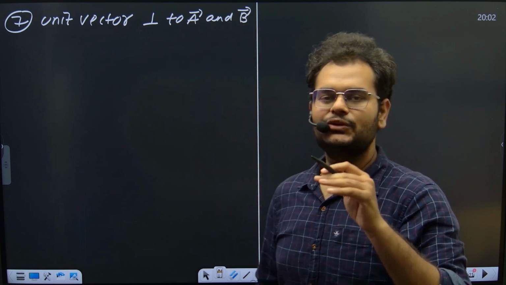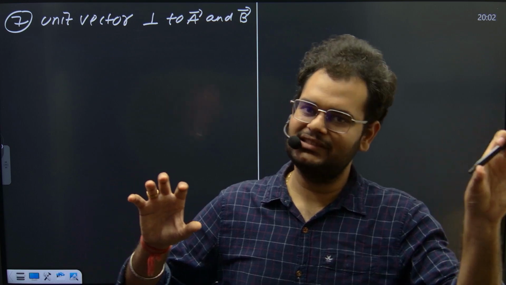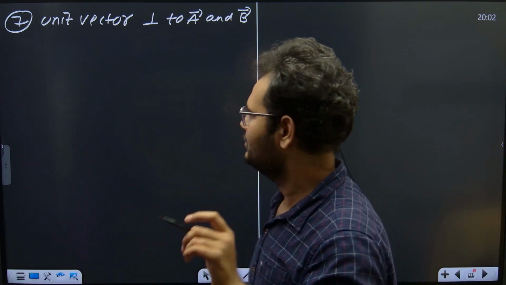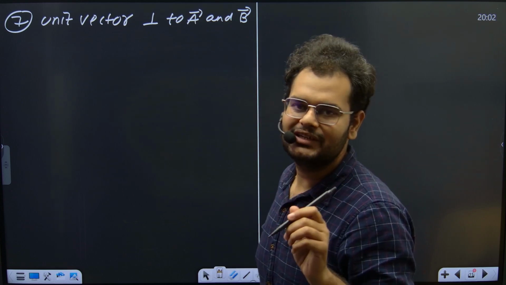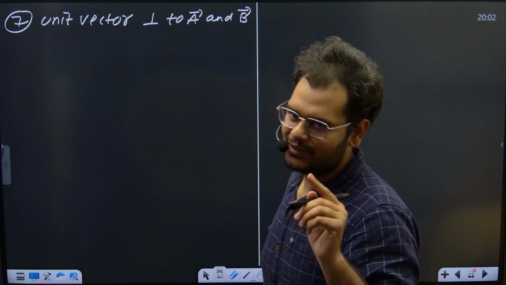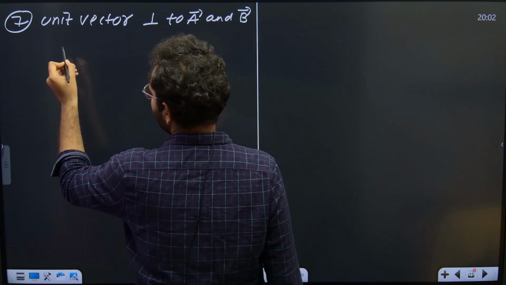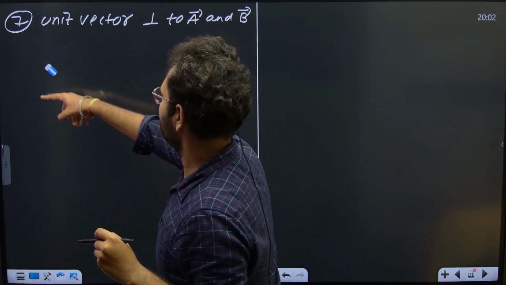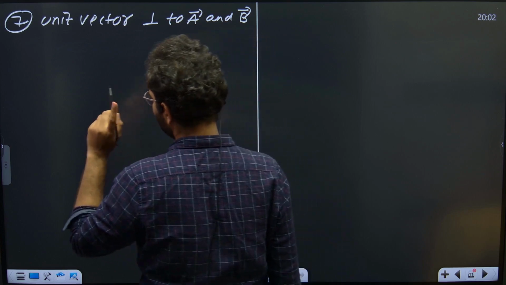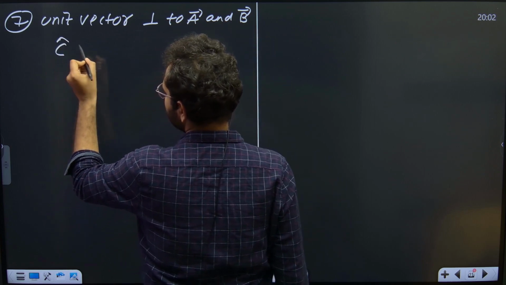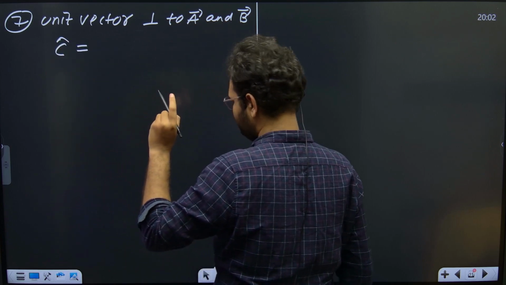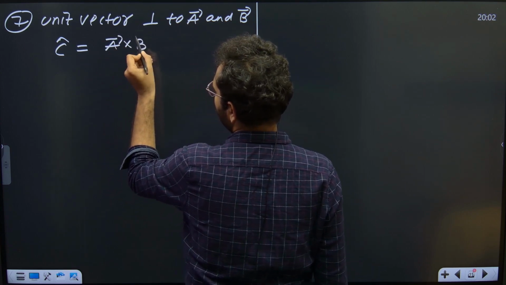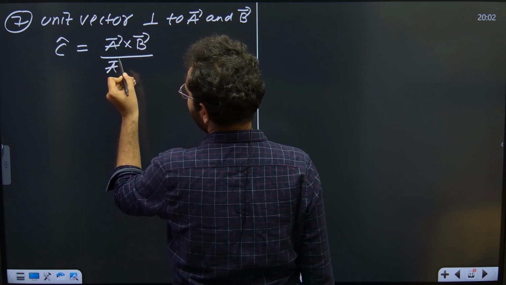If someone asks, A vector is this and B vector is that, what is the unit vector which is perpendicular to both A and B? I will tell you. You can directly write the formula. This you must remember: C cap, the vector which is perpendicular, is nothing but A cross B divided by the magnitude of A cross B.